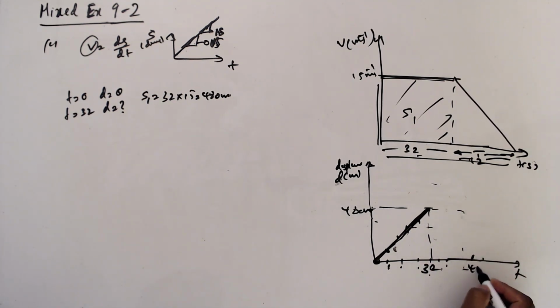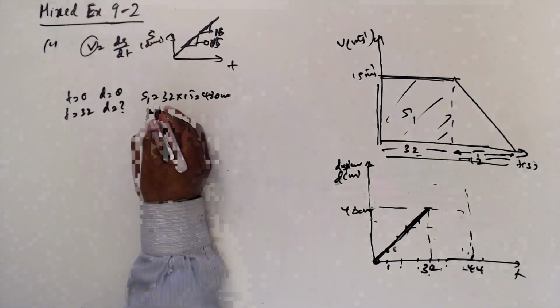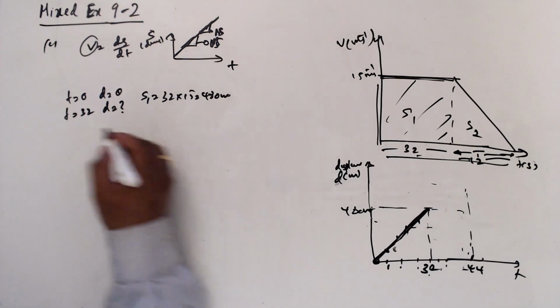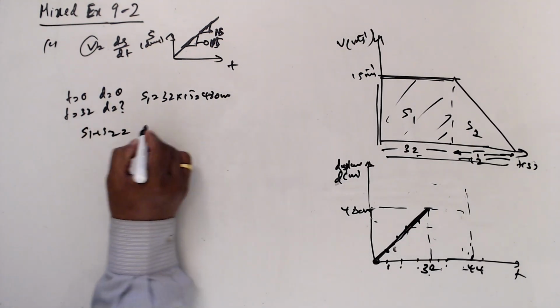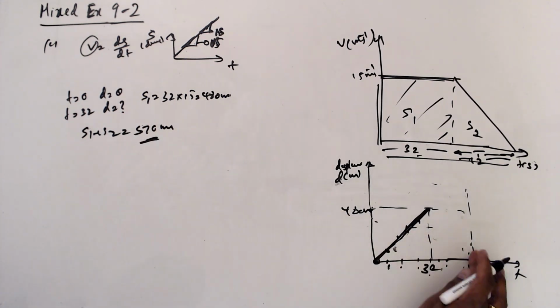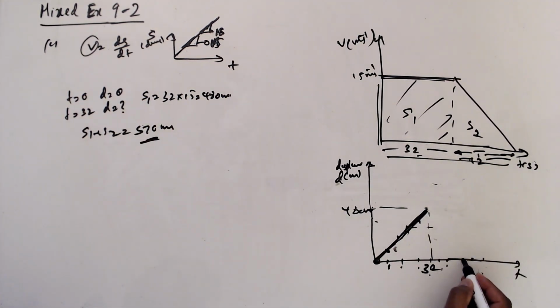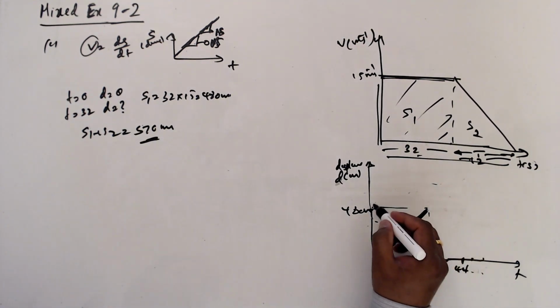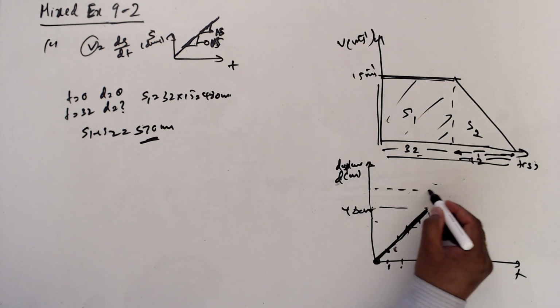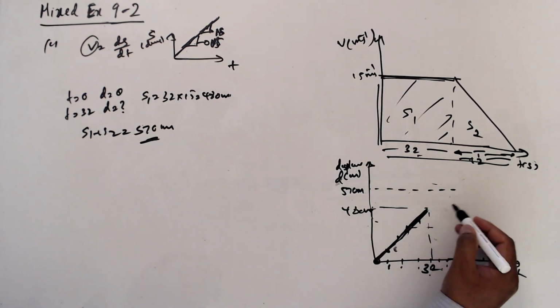After 44, we need to find the distance traveled, or we can stay with the total distance. So S1 plus S2 equals 570 meters. Now I'll bring it a bit closer. Then 32, 44, 480, 570. So this is 570 meters.